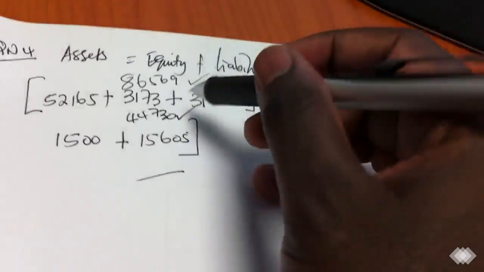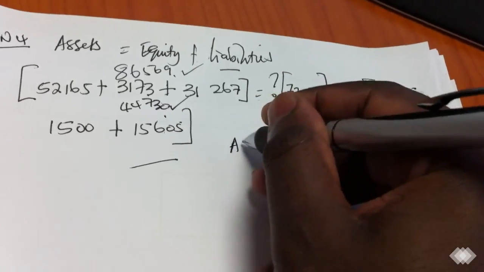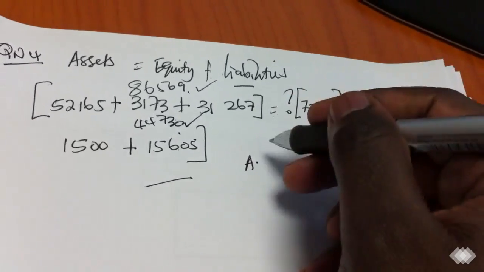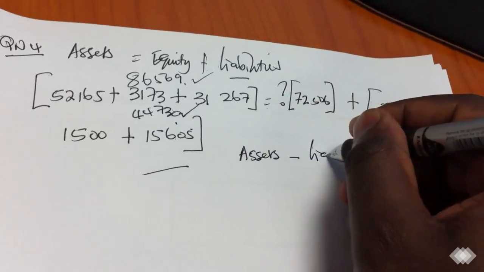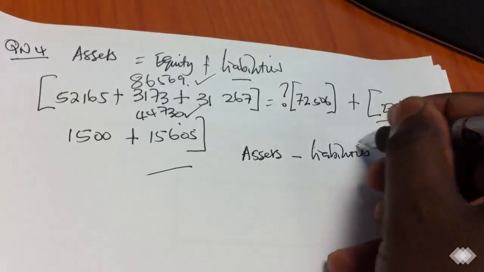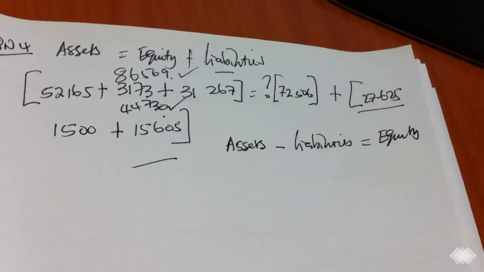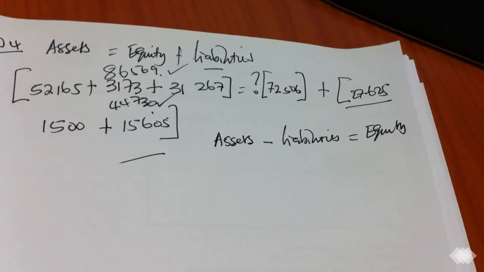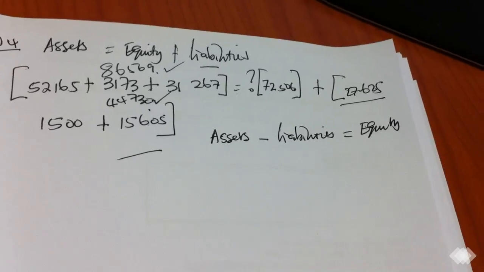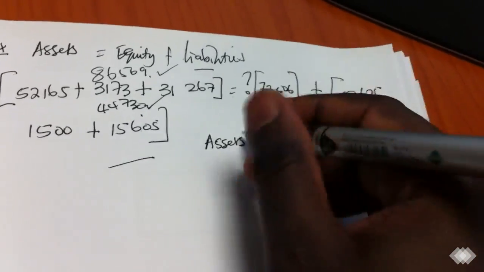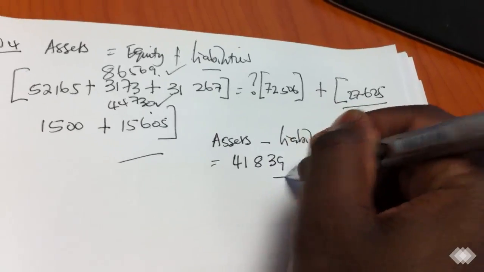If you say your assets minus liabilities should give you your equity. So if you were to subtract, your equity is equivalent to 41839.